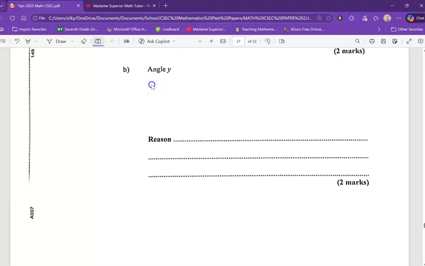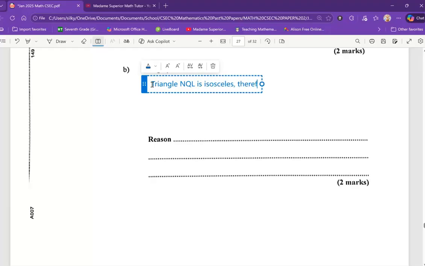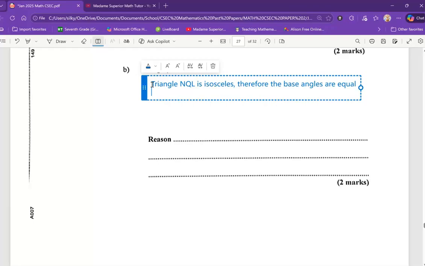So the first thing we said was that triangle NQL is isosceles, therefore the base angles are equal.